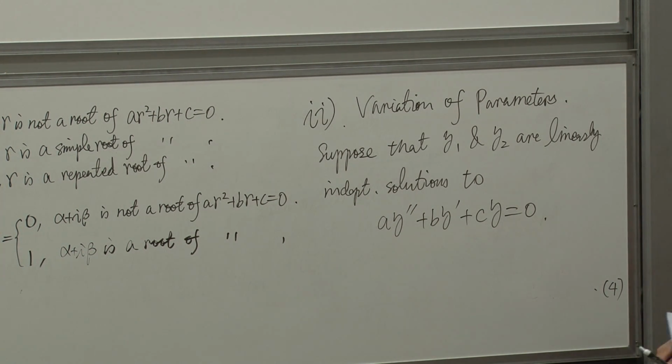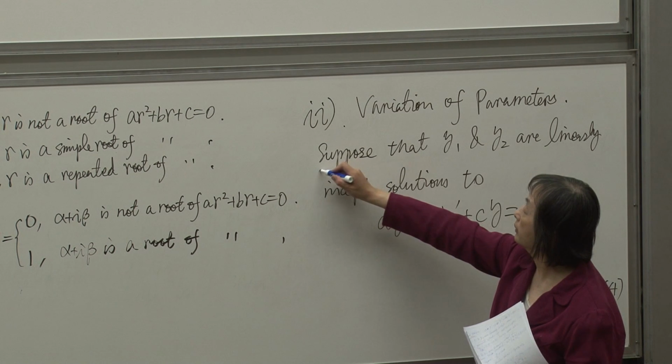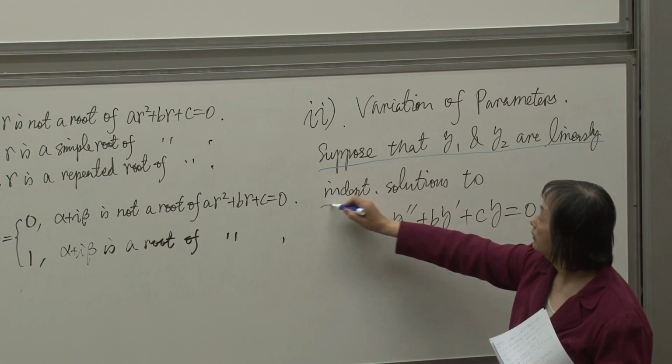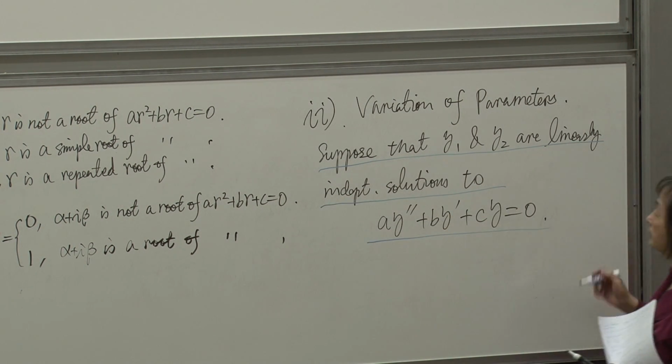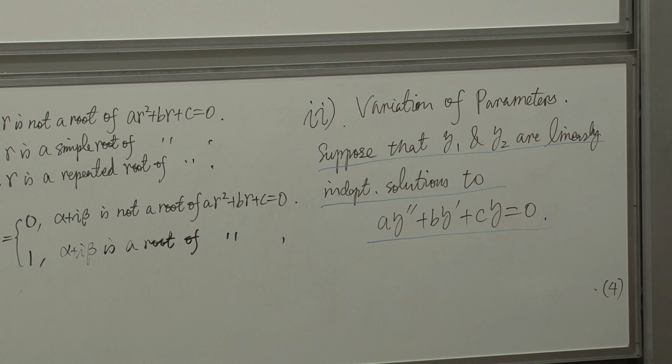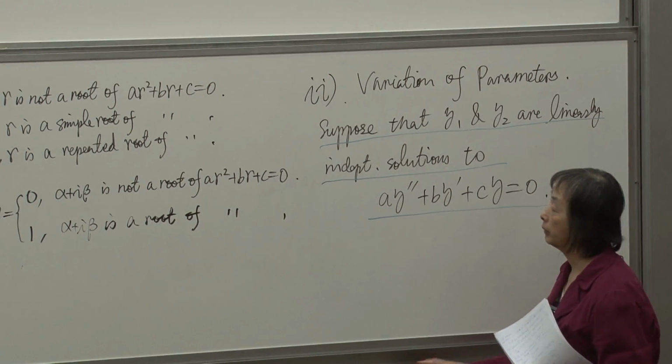This is an important assumption. Under this assumption, we develop the so-called variation of parameters method to find a particular solution.